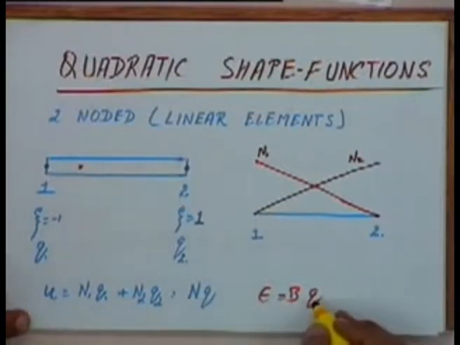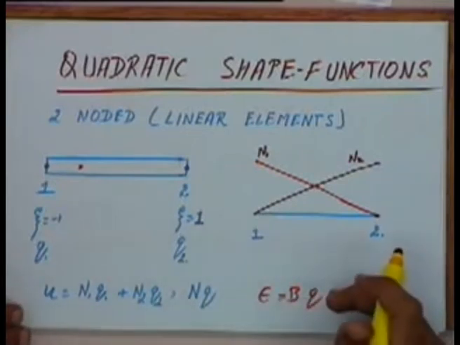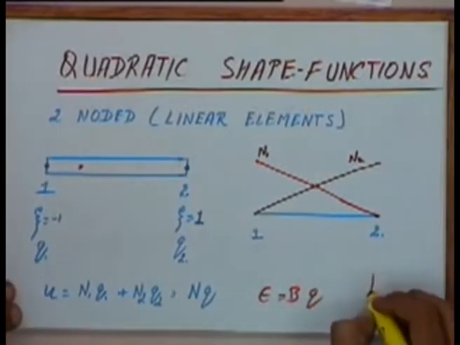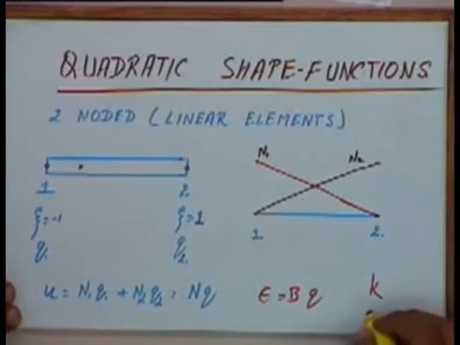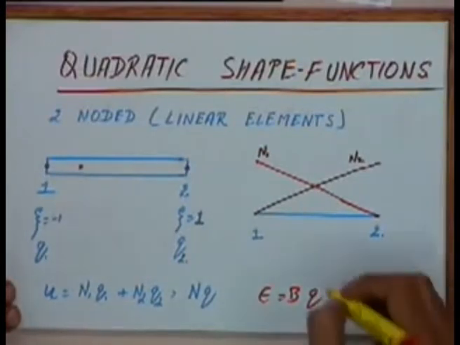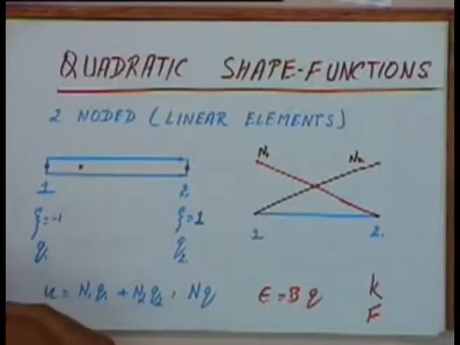Once we got epsilon, we put that in the potential energy expression and got expressions for the stiffness matrix and the force matrices. We are going to follow exactly the same sequence in this case also.